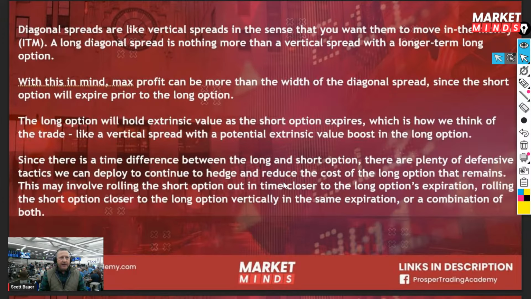So the max profit of a diagonal is not just the width of the strikes like in a vertical spread, but it also adds in the remaining extrinsic value, the time value, of the long option. So it's a vertical with additional extrinsic value.